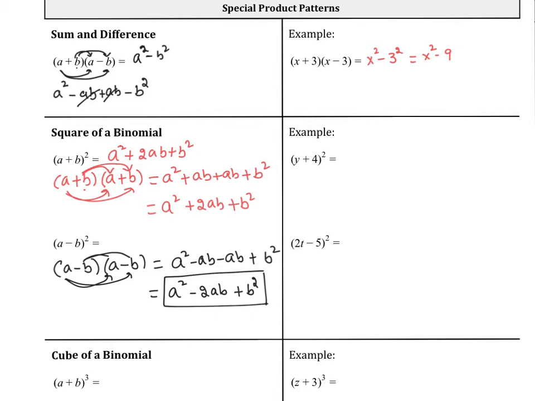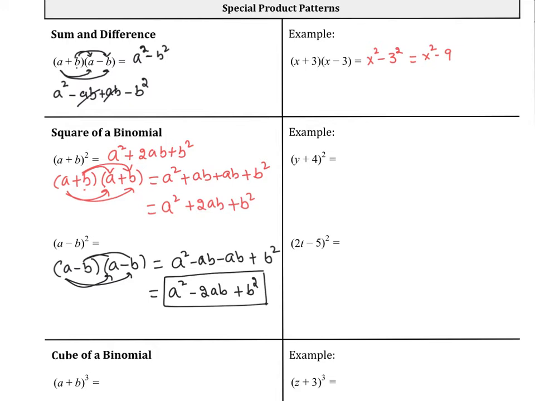If you're going to apply these two special products of binomial into these two, we just have to see what is a, what can we treat as a, and what can we treat as b. So our a and b are y and 4. So it means that a square means y square.